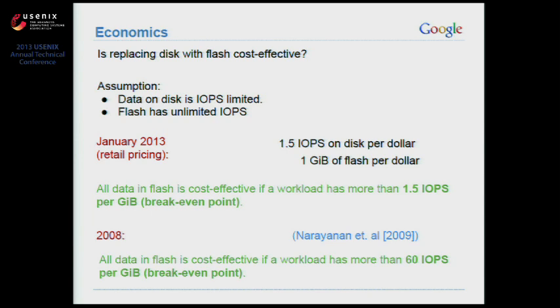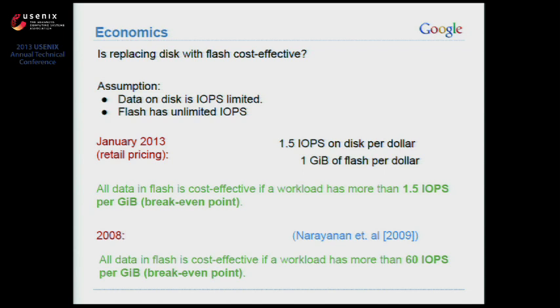So you can assume you can buy 1.5 IOPS on a disk per dollar. On the other hand, you can buy 1 gigabyte of flash per dollar. So if you put an entire workload into flash, it becomes cost effective if this workload has 1.5 IOPS per gigabyte. In 2008, there was a study where this number was 60. So a much higher IOPS rate was required to become cost effective.